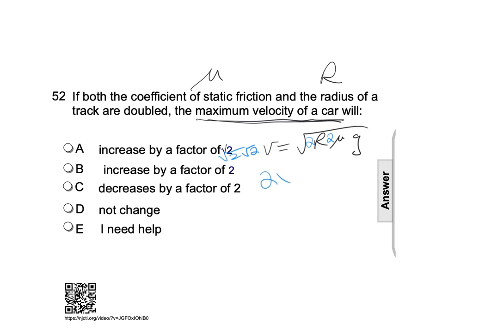And so that'd be 2 times V. The speed you could take it, you can go twice as fast and not wipe out. So it would increase by a factor of 2. Right? 2 times 2 under the radical is square root of 4, or square root of 4 is 2.